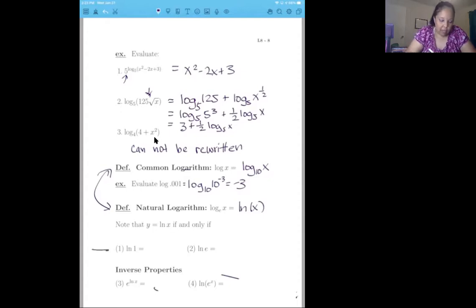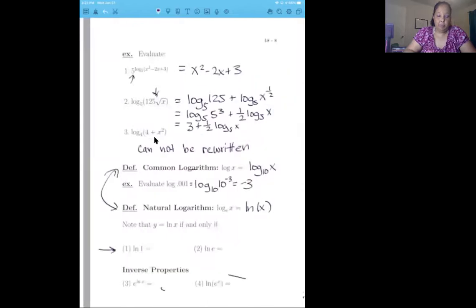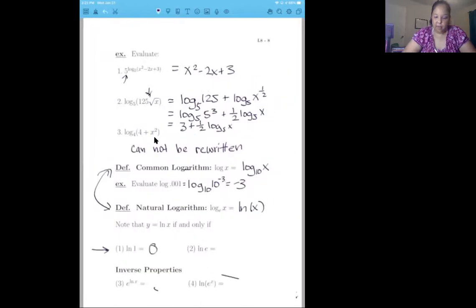All right, so if I have natural log of 1, well, we said with these properties over here, it doesn't matter what the base is, it's just 0. So natural log of 1 is 0. Now, natural log of e. Well, remember, this is the same thing as log base e of e. And if they're the same, then that equals 1.